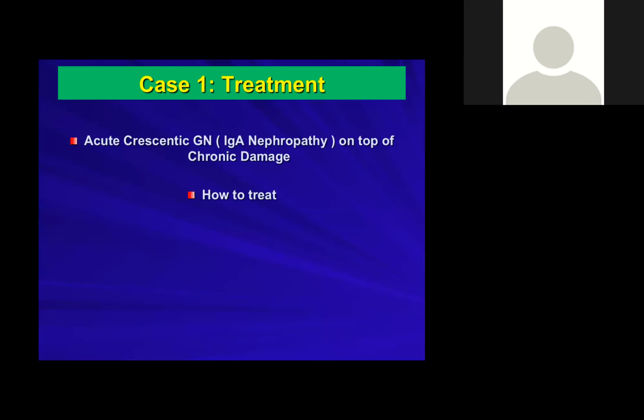The most important finding in this trial was that conservative treatment was effective in 34% of the patients. That was protein restriction, ACE inhibitor or ARB plus conservative treatments.